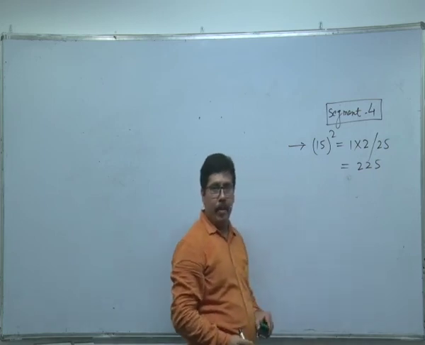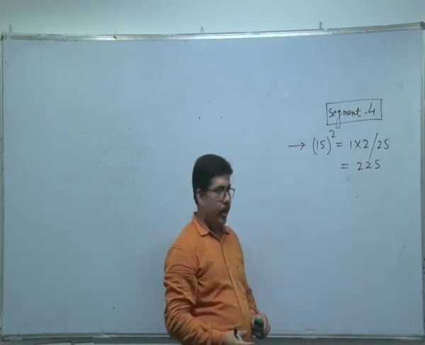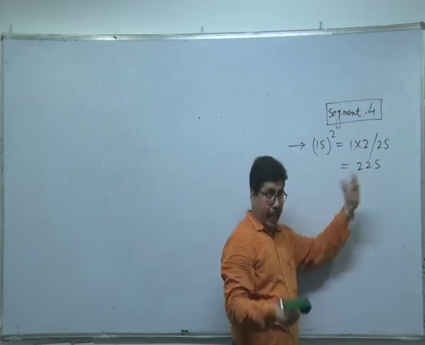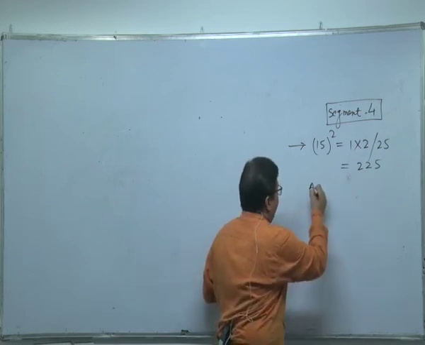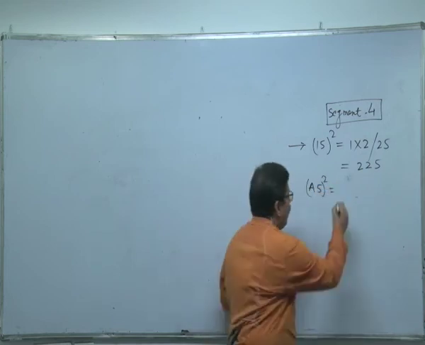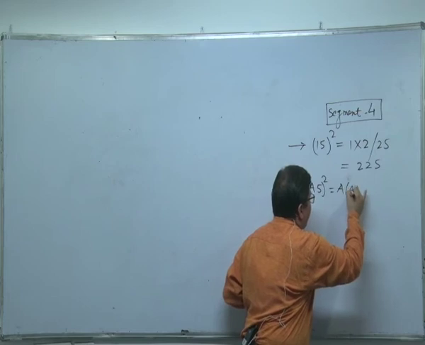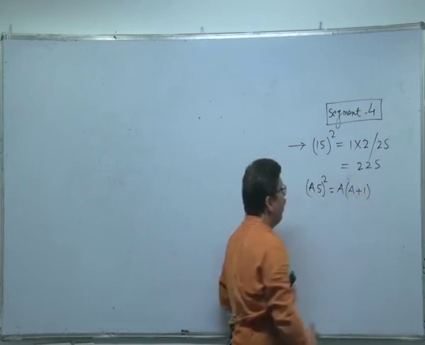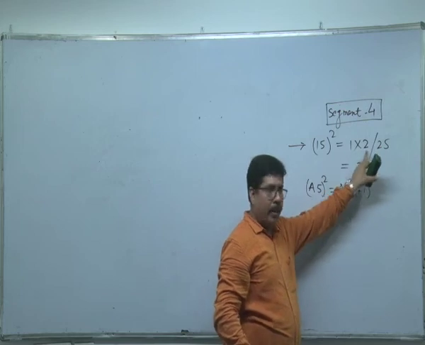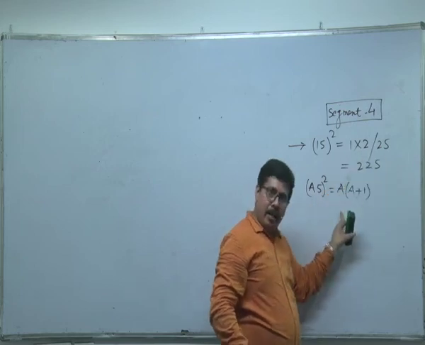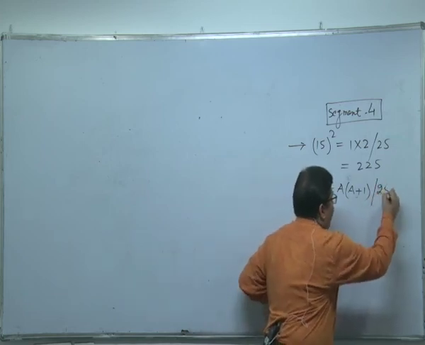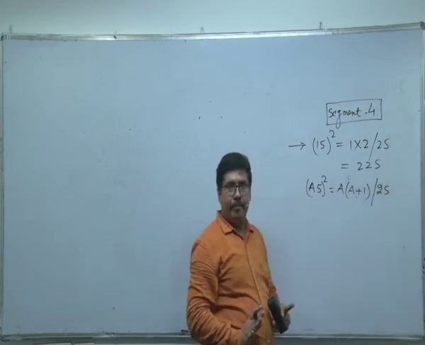Yes or no? 1 into 2 is 2, and we will place 25 at the end. In general, can I say A5 square is nothing but A into A plus 1, like 1 into 2. A and A plus 1 are consecutive numbers. And we have to place 25 at the end.